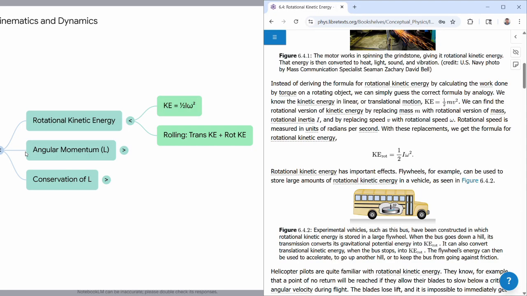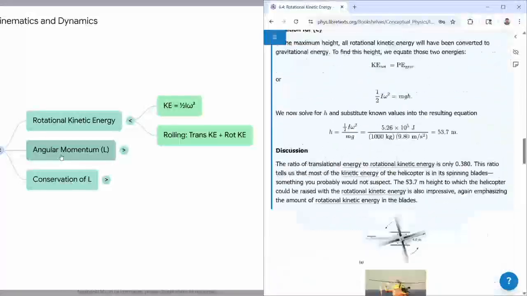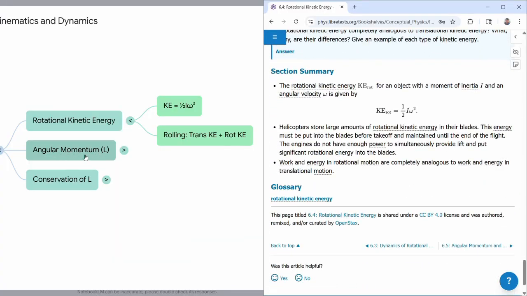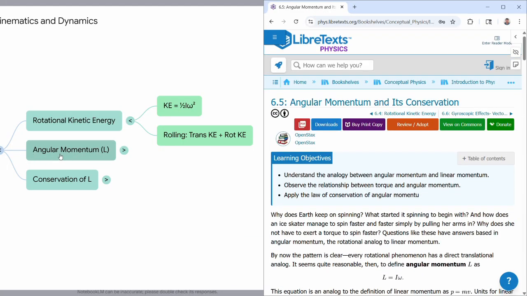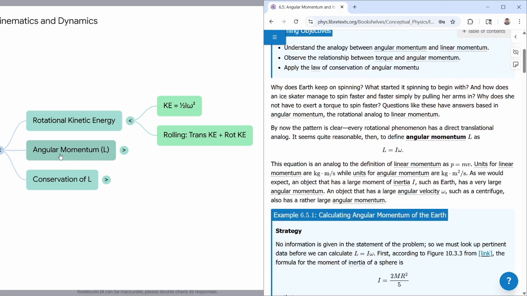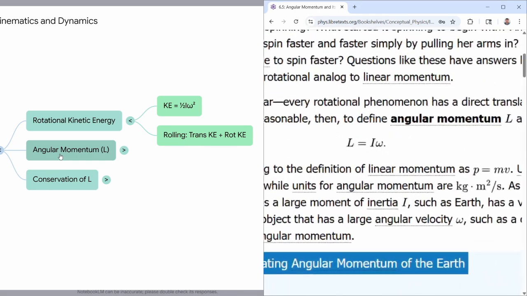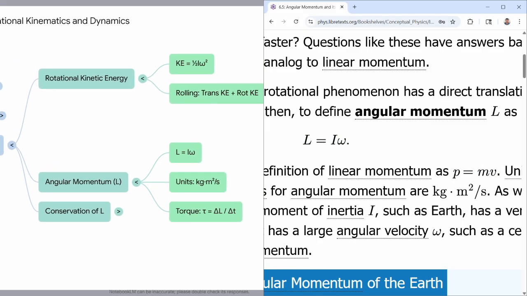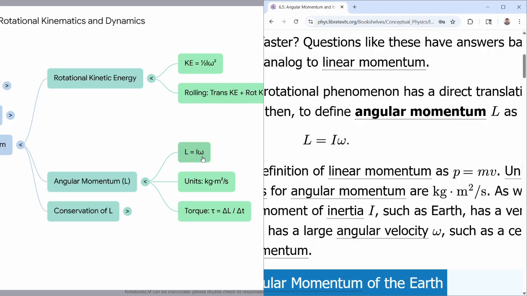And you can do the same thing with the momentum. If you remember, momentum that we covered earlier is mass times velocity. For the angular momentum, you can guess: what is the rotational version of mass? Rotational inertia. Times what is the rotational version of velocity? Angular velocity. So angular momentum is given by the rotational inertia times angular velocity, and the units match up with that.